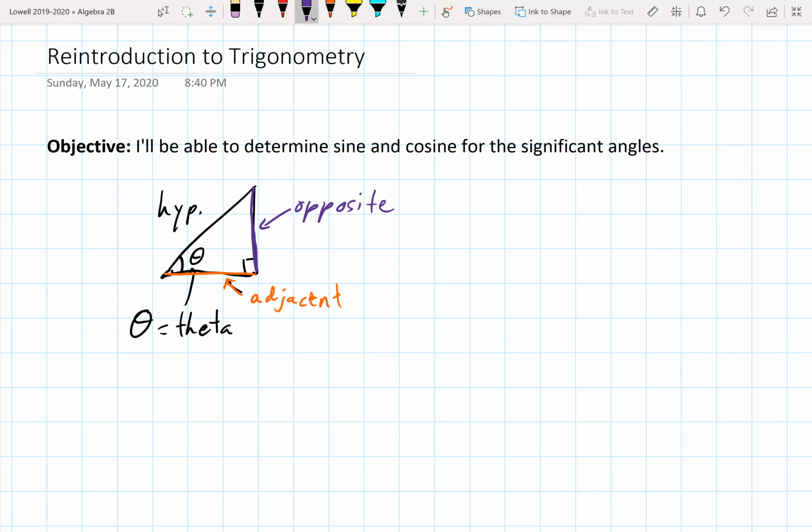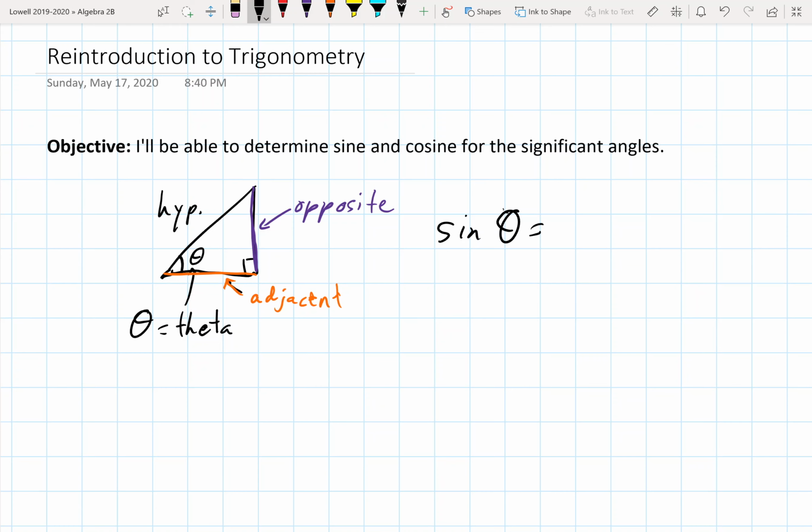If we agree on these definitions of adjacent, opposite, and hypotenuse, then here's how we define sine, cosine, and tangent. Sine, spelled S-I-N, of the angle we're looking at, theta, is equal to opposite over hypotenuse. You might have heard the phrase SOHCAHTOA.